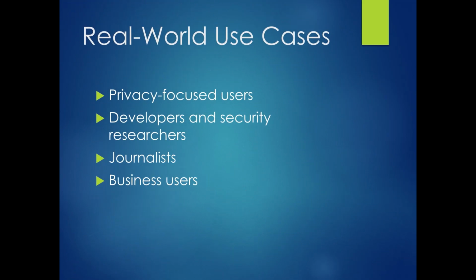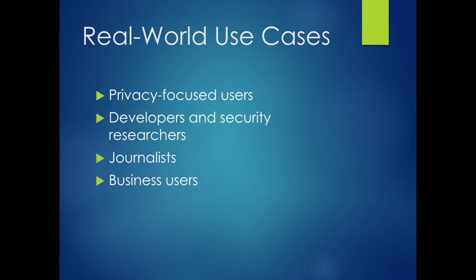Real-world use cases we can think of are privacy-focused users. If you're concerned about your privacy, you can have mobiles based on this operating system. Developers and security researchers can use this for different purposes.